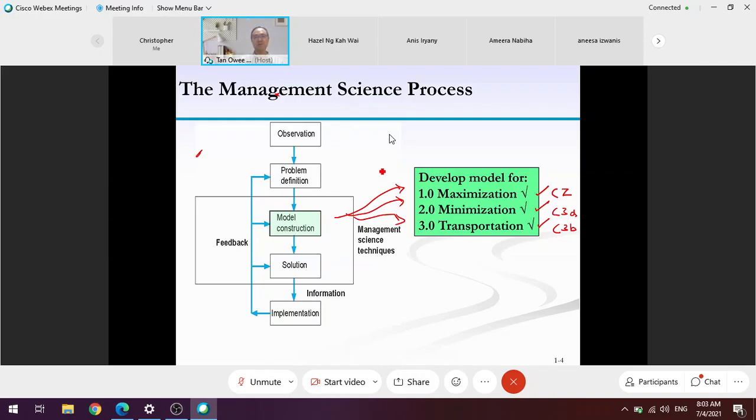At this moment, until today, in fact, there's no single software that can help you to develop linear programming from an actual scenario. You get what I mean? Development of linear programming, you have to do it manually.